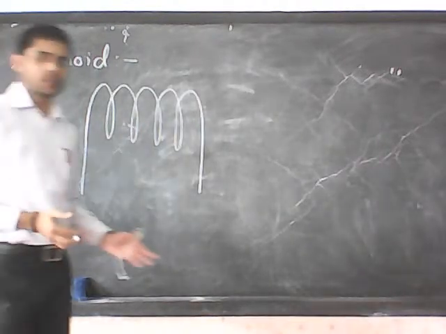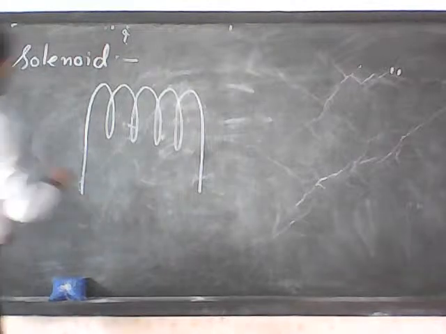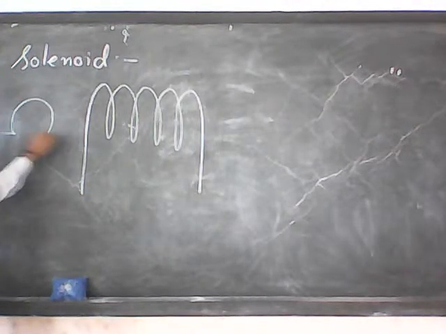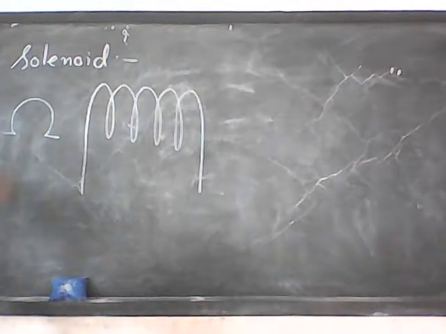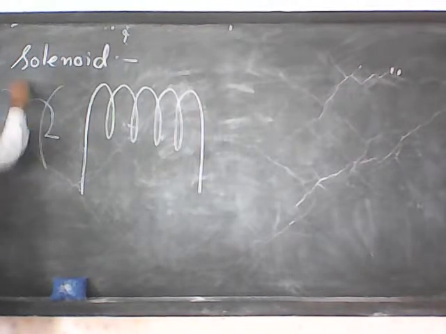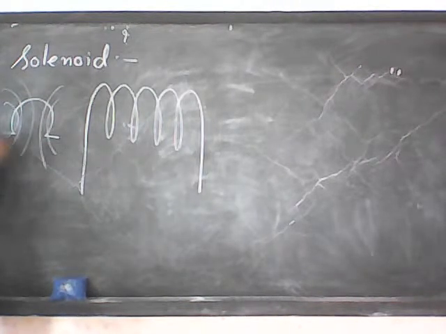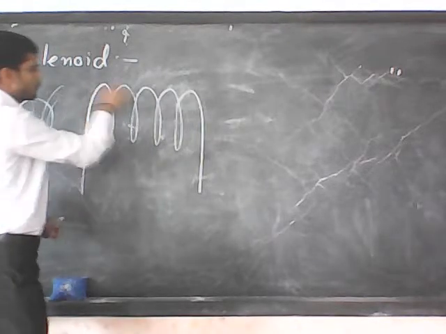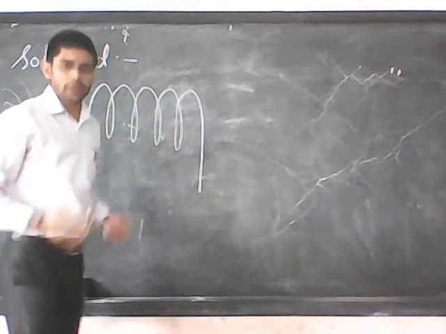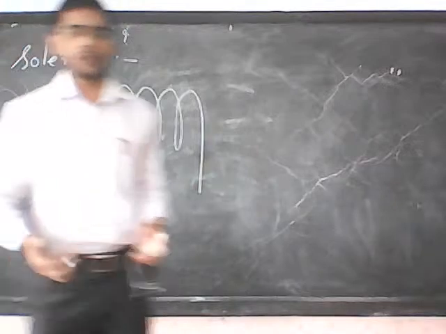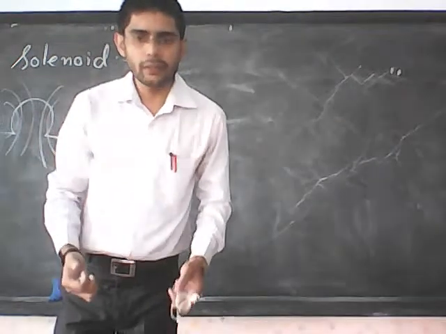Just before this concept, we observed the circular loop, right? So the magnetic field lines are like this around this wire. You see here that multiple loops are there, no? So you can imagine that definitely the magnetic field strength will be more here.